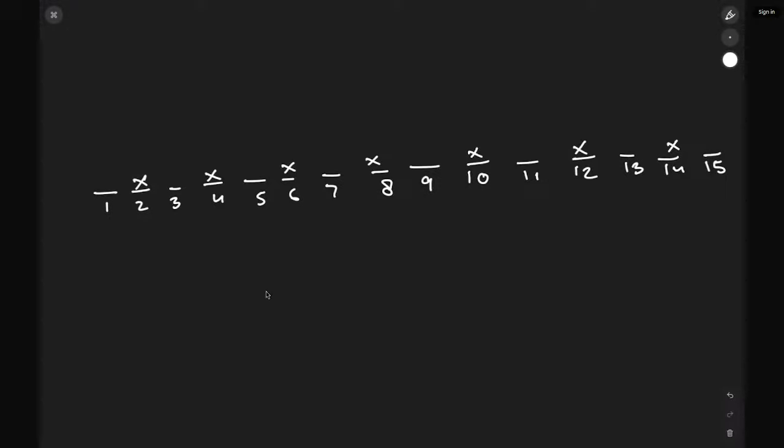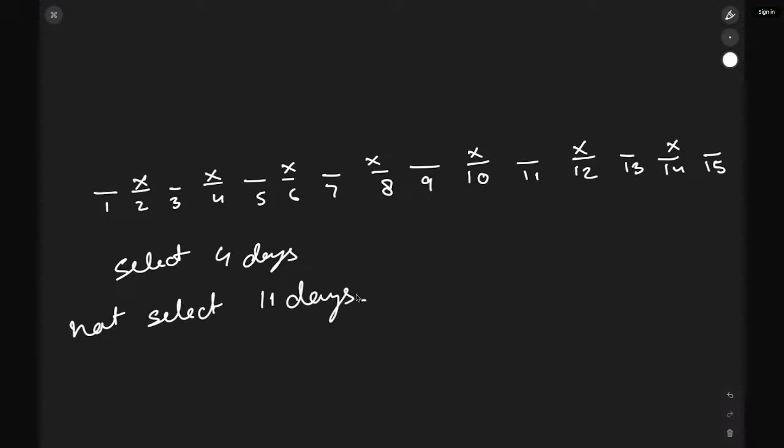Now what can we do? We have to select 4 days. That means we have to not select how many days? 11 days. So if we are not selecting 11 days, then the number of gaps will be 11 plus 1, which is 12 gaps. Okay. Now in these 12 gaps, we have to fill up the 4 days. So 12C4 will be the answer.